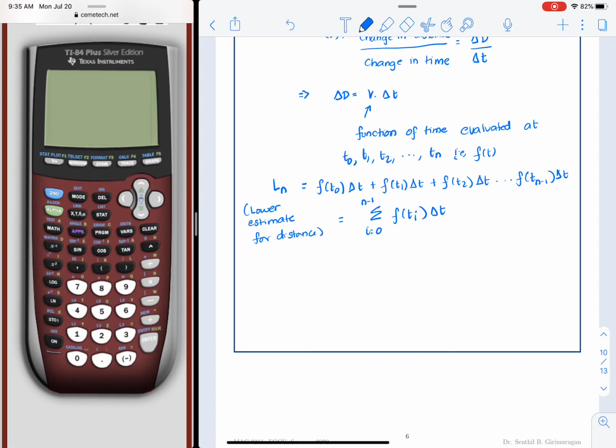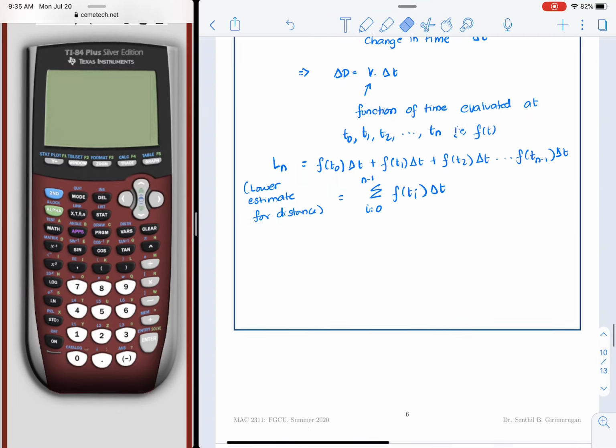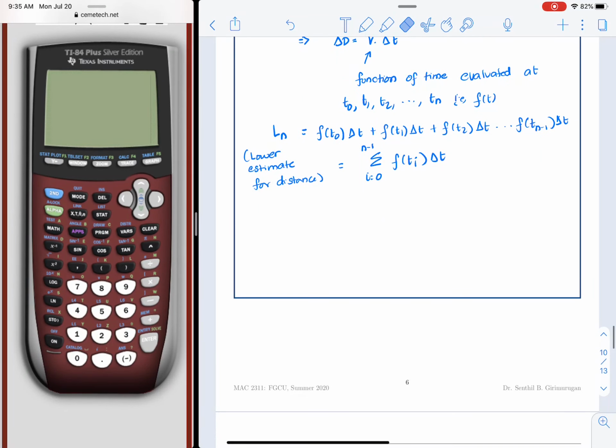In the summation form, we could simply write it as sum i equals 0 to n minus 1 f of ti multiplied by delta t. And you can see this is very similar to what we had earlier for a function. In a similar manner, if we have Rn, we know Rn starts at 1, so f of t1 delta t, f of t2 delta t, all the way up to f of tn delta t.